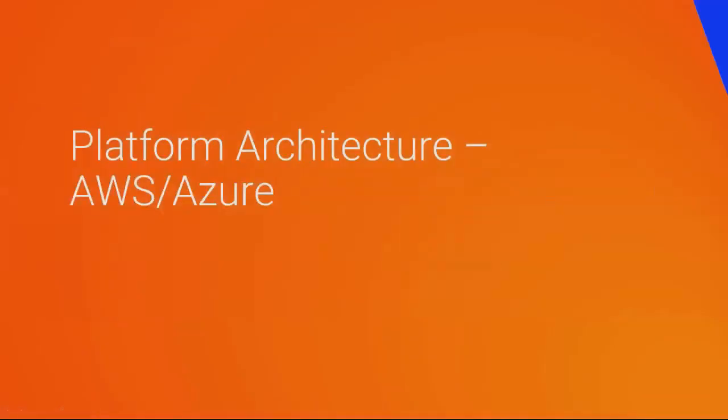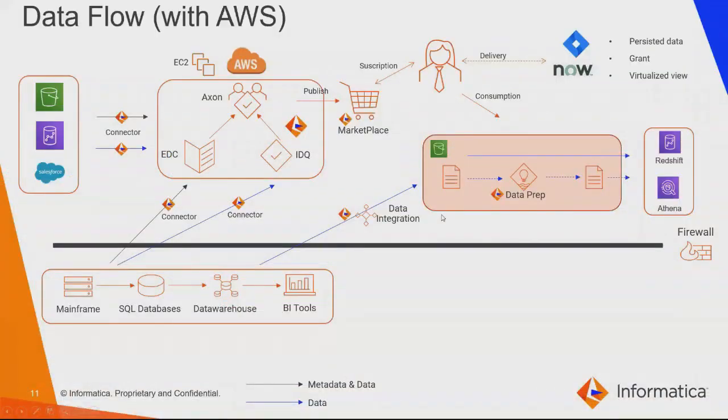Let's look at some of the platform architecture with AWS or Azure as an example. This is a typical data flow with AWS, where we can see on-premise data sources connected to EDC or IDQ for the metadata and data flow respectively, and also having the AWS components connected to it.